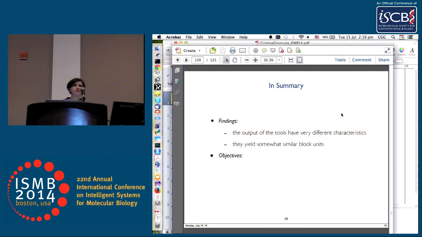At the end of the day, what we want is to find a common denominator, a normalization between these two behaviors, and this can be achieved by mining for synteny in a principled way. We don't want all the tools to produce the same structures, because this would not benefit targeted studies, which make use of synteny blocks.